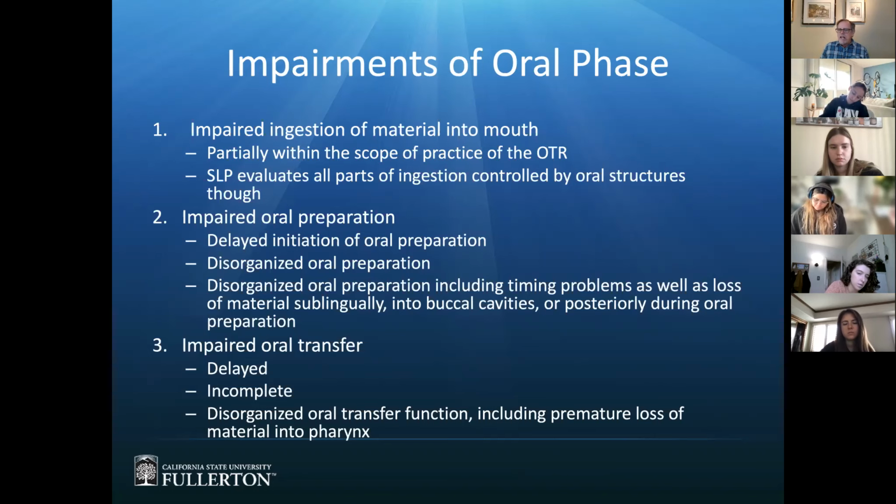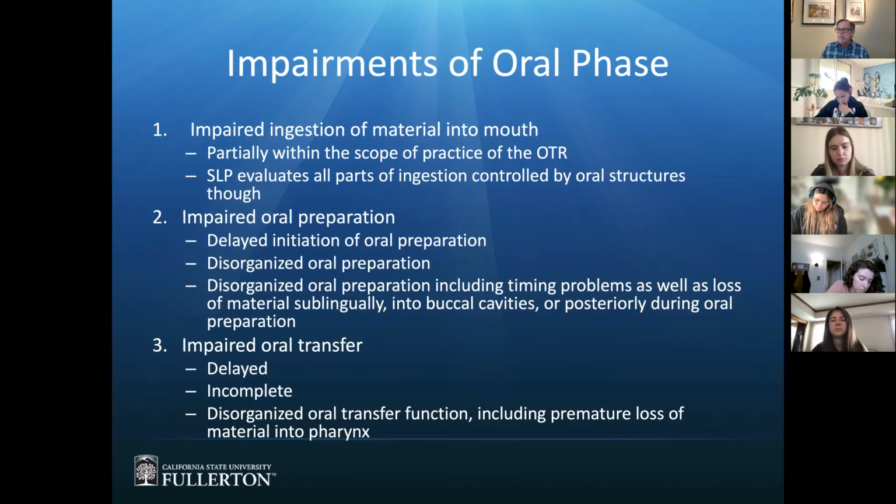Another is disorganized oral preparation. That would include, for example, start and stop. They start oral preparing and then they stop, and then you remind them to keep going. Or they lose material. They can lose material beneath the tongue. They should keep it all in a nice little packet called a bolus at all times while they're preparing it, but they can lose it.